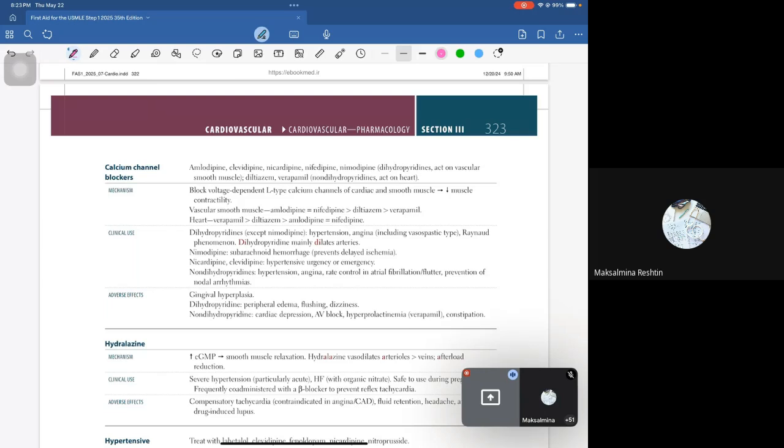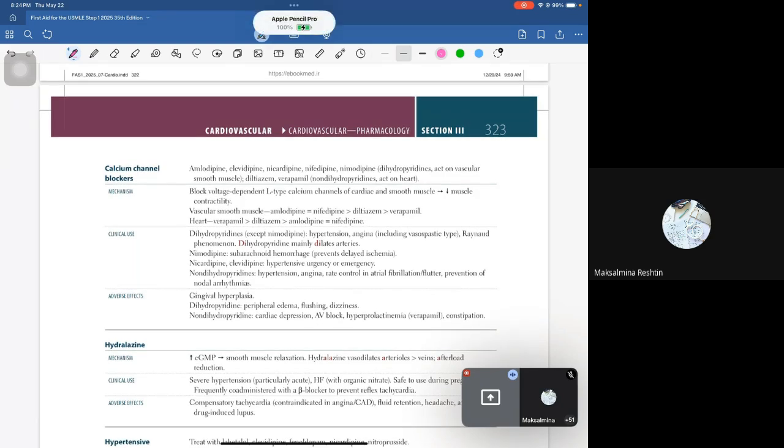As soon as they start to contract, you are going to get ischemia, right? So remember, whenever vessels contract, you are going to get ischemia. That is very simple. So nimodipine is the drug that would prevent these vessels from contracting, so the patient would have no more ischemia. So that is nimodipine, right?